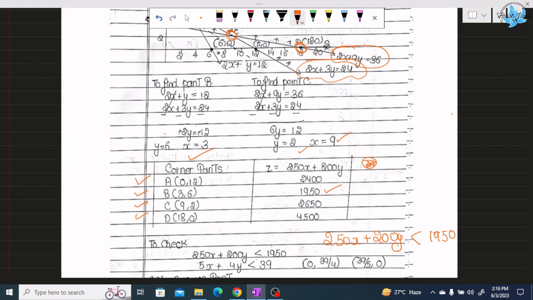So for that you have to consider the point. So I have reduced the equation to be in this. Now I have taken the x to be 0, then I get the y coordinate, and then y to be 0, then I get the x coordinate. So in this way I have got the x and y coordinates. Now you have to draw the line of this graph.